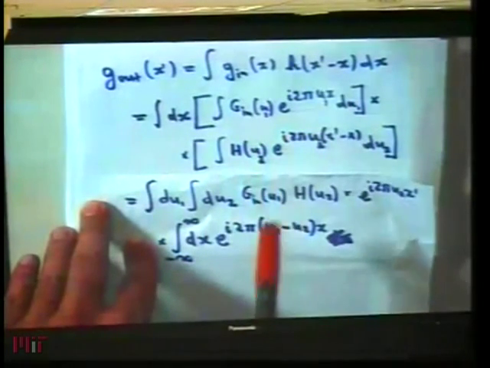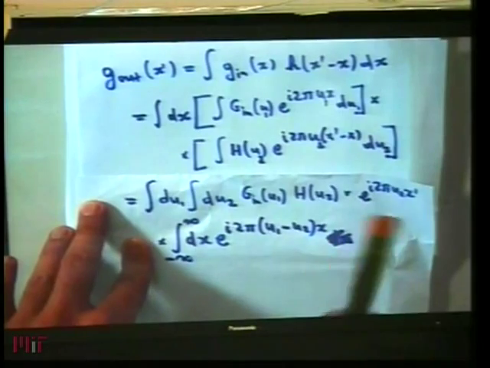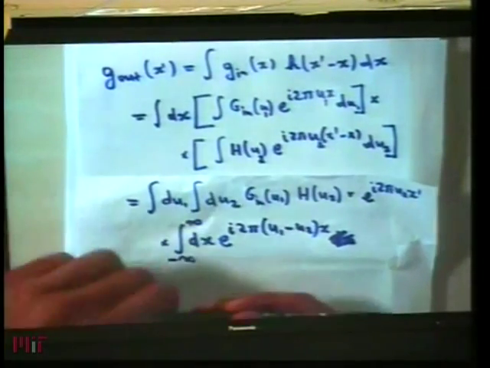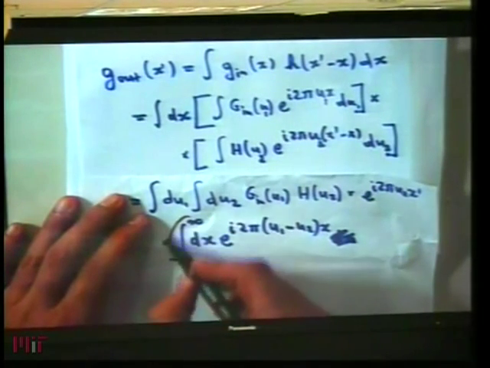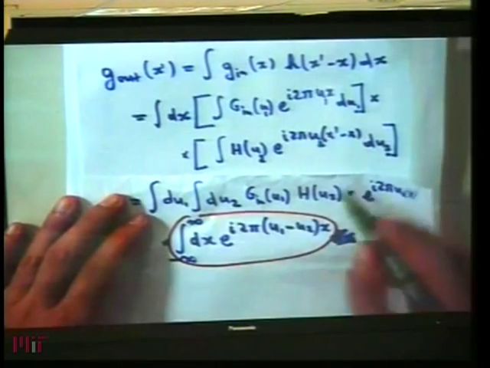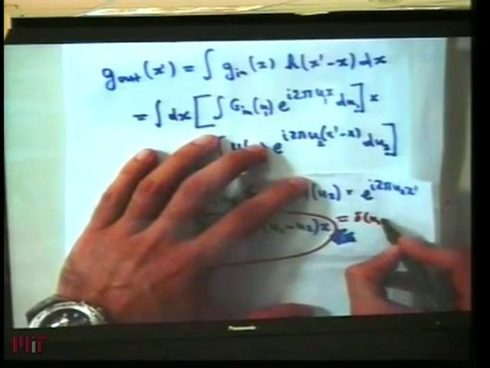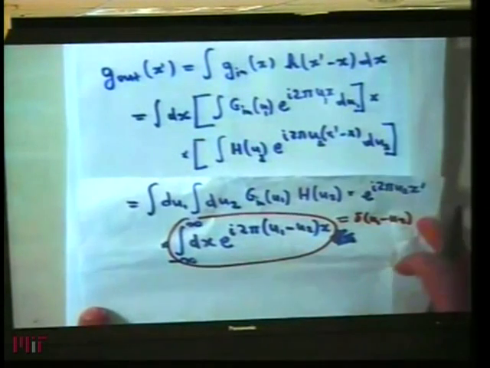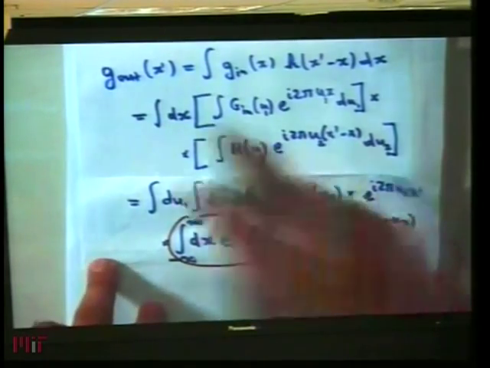Then we rearranged the integrals and the order of integration, and we notice that this expression here is also known as a delta function. The integral of a complex exponential from minus infinity to infinity is a delta function.